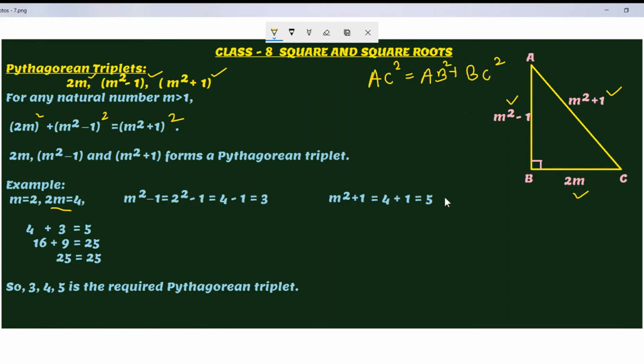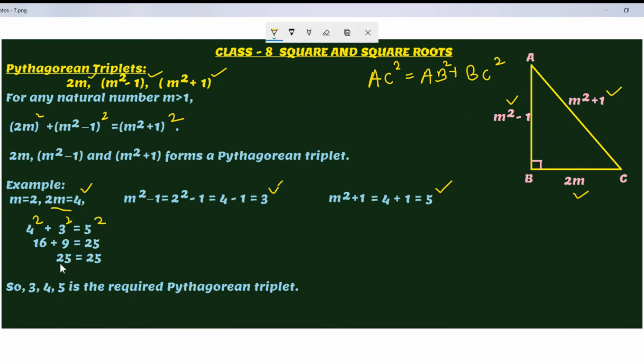Now we are going to check whether these three numbers 4, 3 and 5 obey the Pythagoras theorem or not. Here (2m) square plus (m square minus 1) square is equivalent to (m square plus 1) square. So 4 square plus 3 square is equivalent to 5 square.